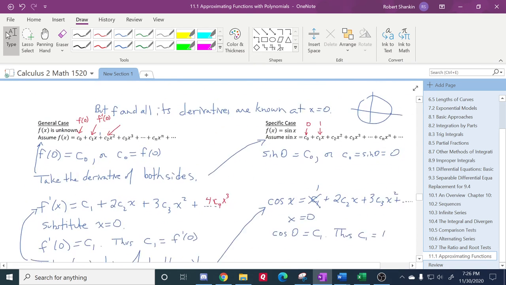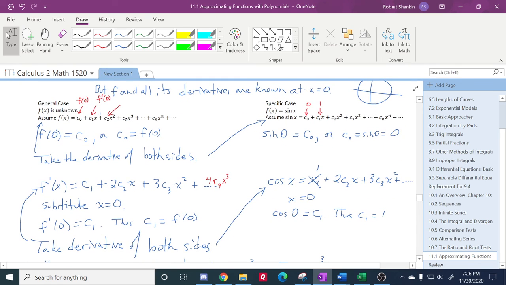So we come back up here. It's the second derivative over 2 factorial.